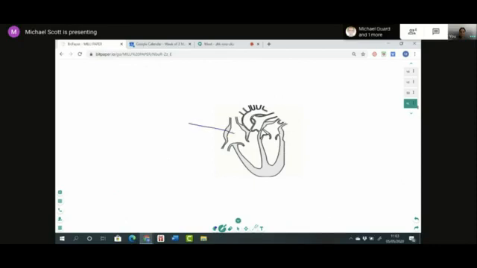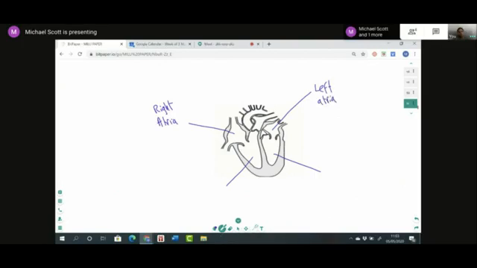Typically, the heart has 4 chambers that I'm going to label here. These top 2 chambers are known as atria. And it's always important to remember that the diagram of the heart will always be given back to front. So although this atria is on your left, it is actually the right atria, making this one the left atria.